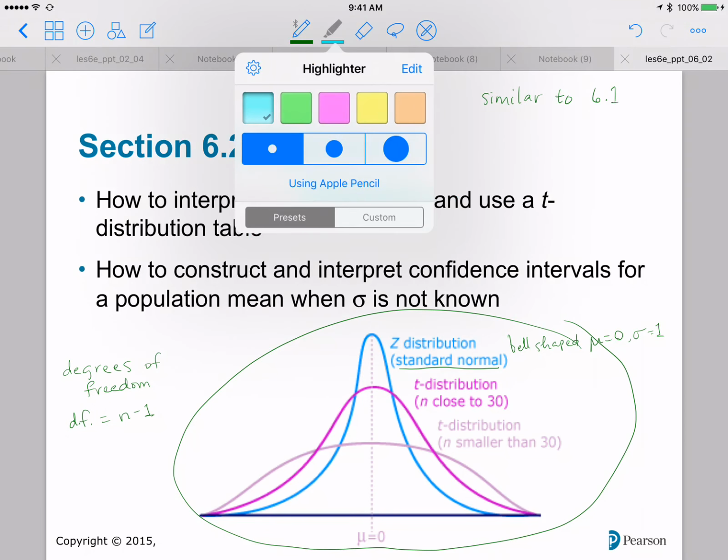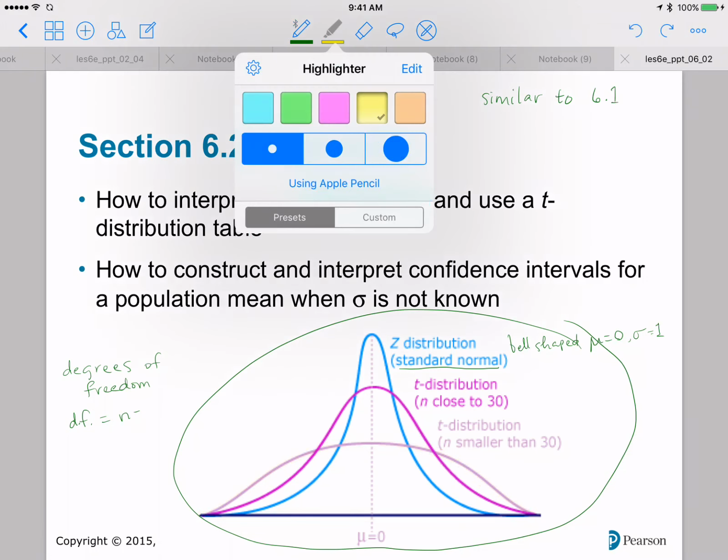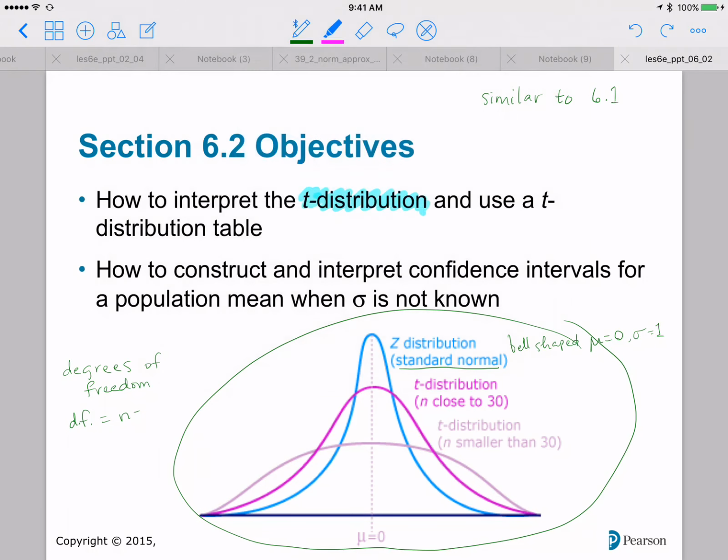So I'm just going to try to highlight here. Now, when n is smaller than 30, the t-distribution is really flat, right? It's not so much bell-shaped. But when we have n close to 30, we're starting to get a shape that is closer to the standard normal distribution.